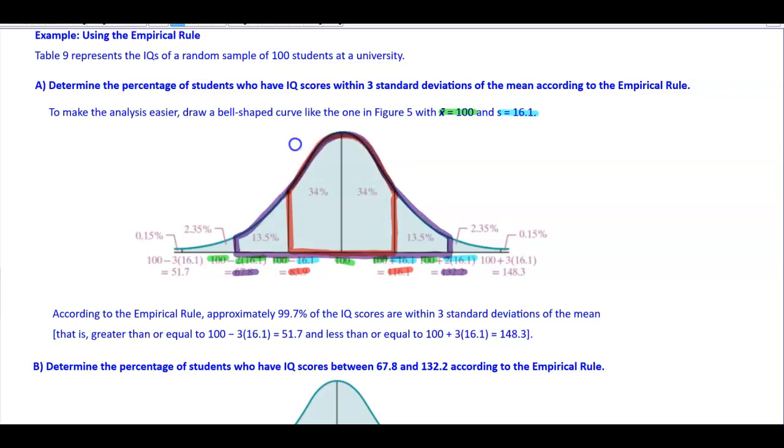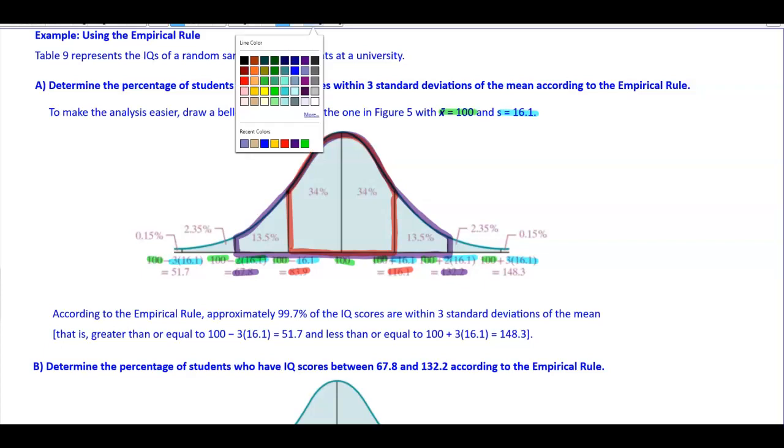So that represents numbers that are 2 standard deviations from the mean. And lastly, we're going to take our mean, which is 100, and add 3 times the standard deviation and subtract 3 times the standard deviation. It's going to give us 51.7 here and 148.3 here.